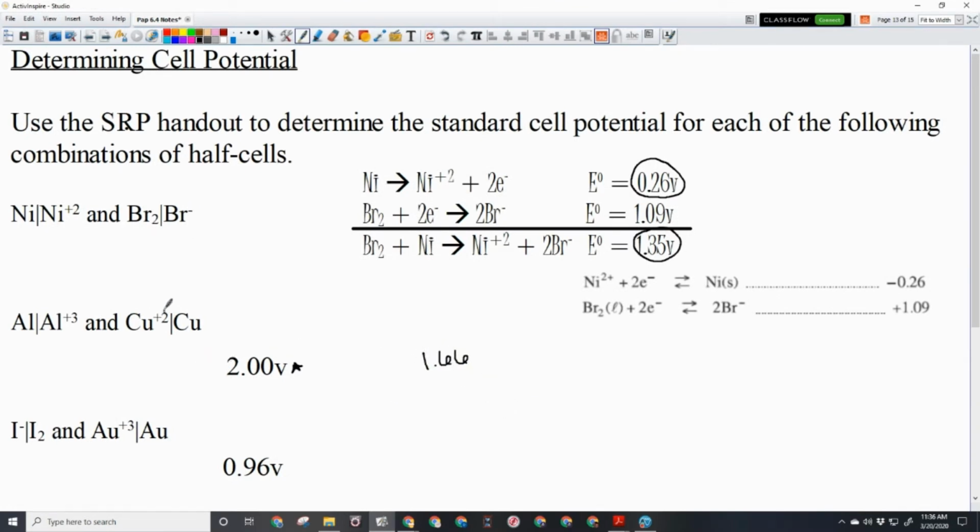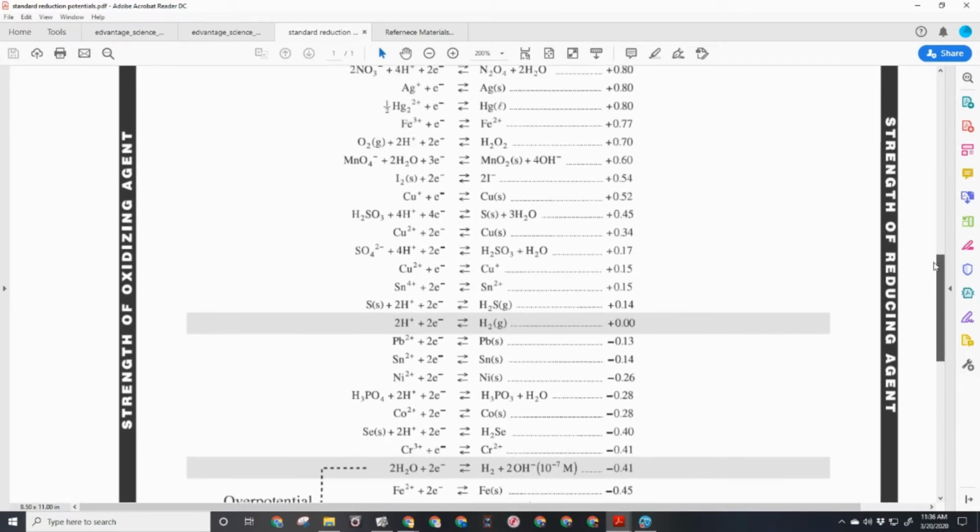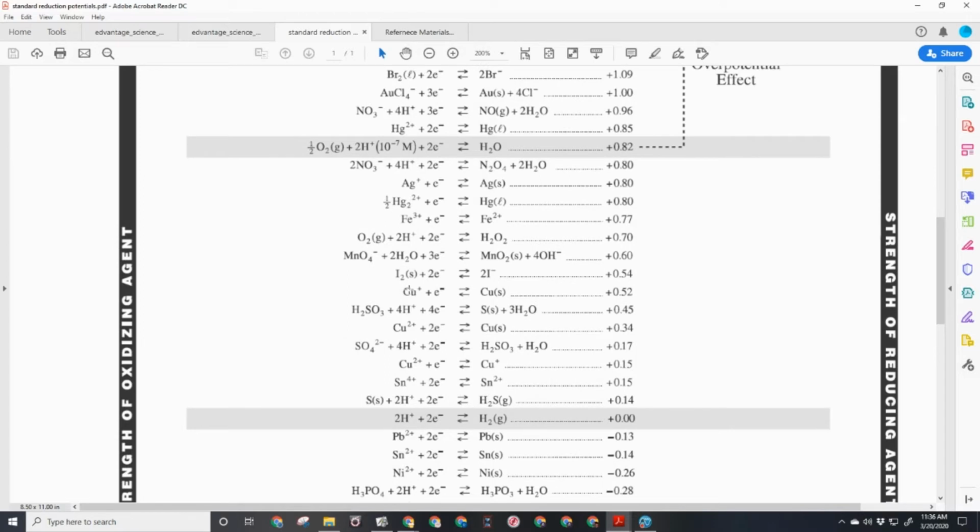All right, and we want copper 2 going to copper neutral. Now, be very careful. I saw that up here. This is copper 1 going to copper neutral. We want copper 2 going to copper neutral. Copper 2, right here, copper 2 going to copper 1, we don't want that. We want copper 2 going to copper neutral. So that's a 0.34.